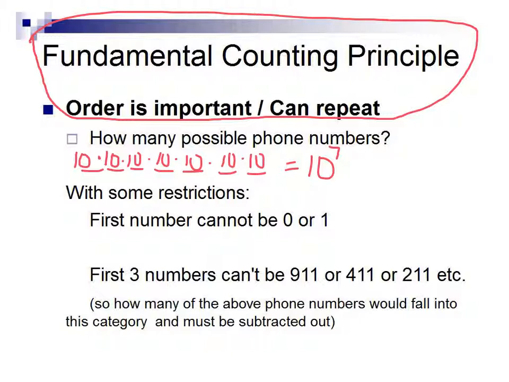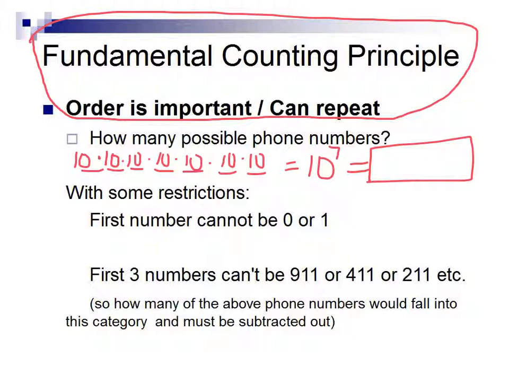Just to hurry us along today and to keep my notes clean, I'm going to leave that as 10 to the 7th, but in your assignment, I would expect you to type that in your calculator and get me an answer.